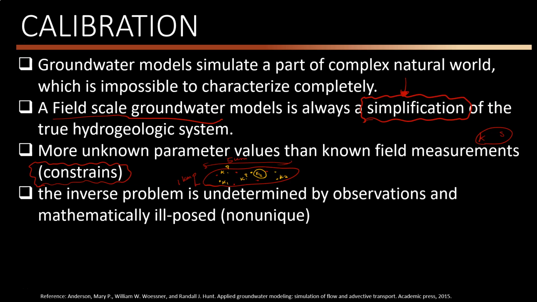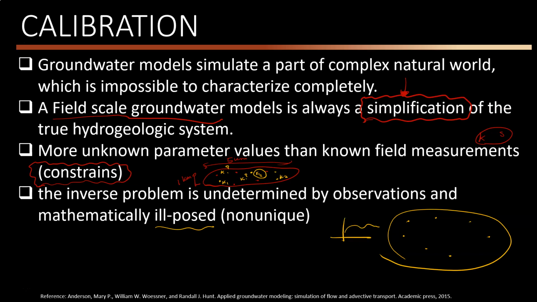So the mathematically ill-posed problem means that since you have very limited constraints or known values, technically there is no unique solution for your problem. It means that there is a group of solutions which can create a very good match.